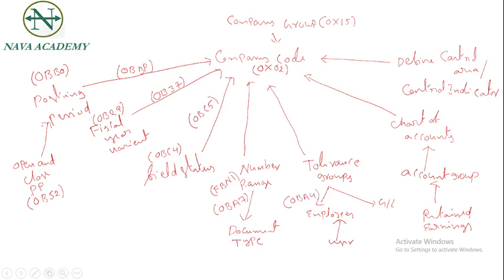GL, OBA0. For assigning user to tolerance group, OB57.